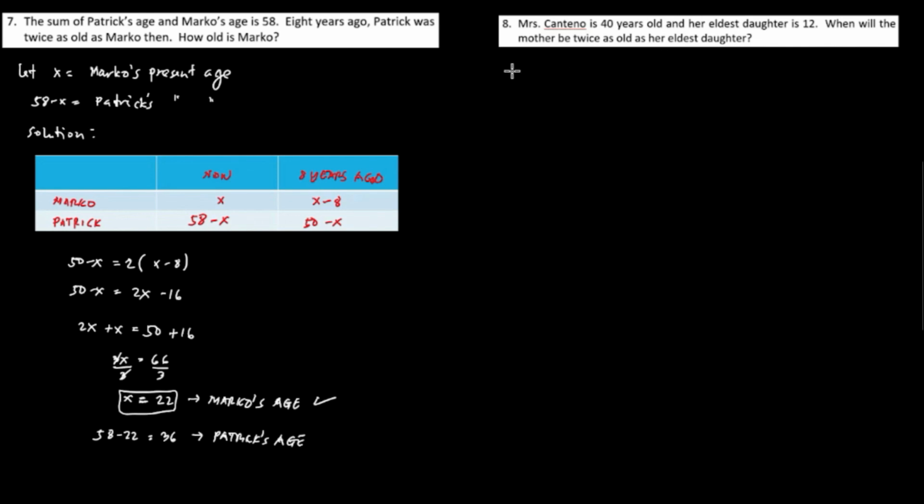So let x be the number of years that the mother will be twice as her daughter.